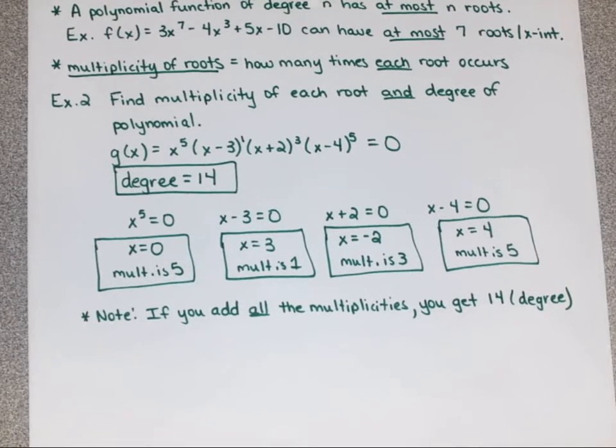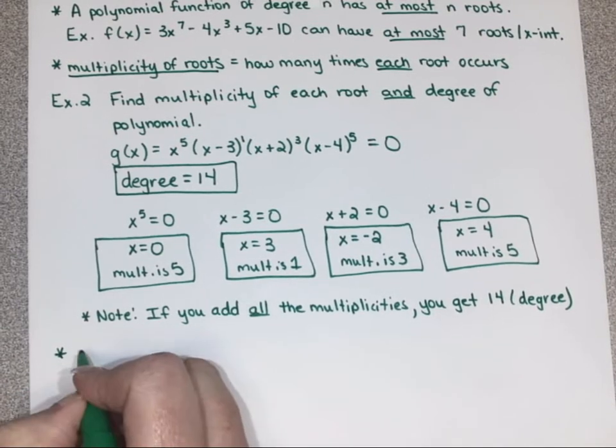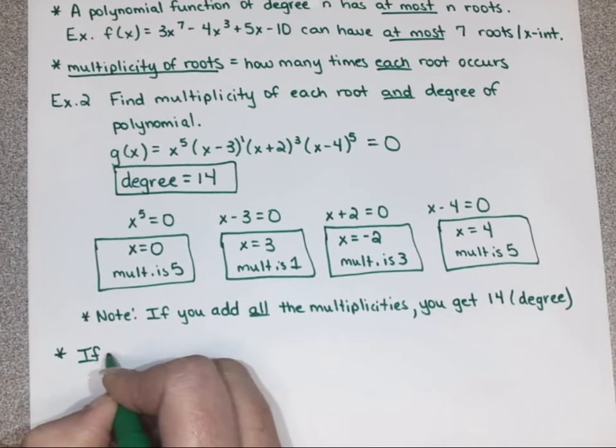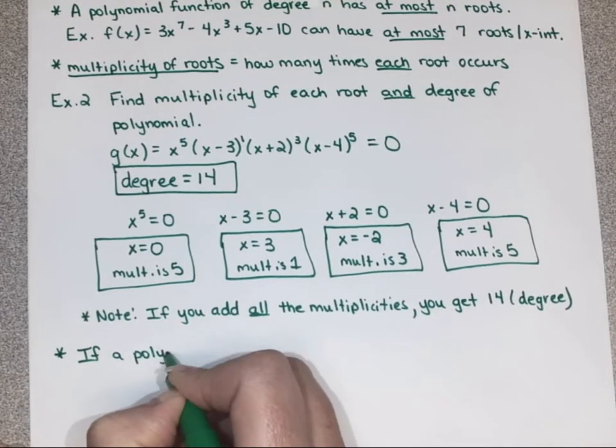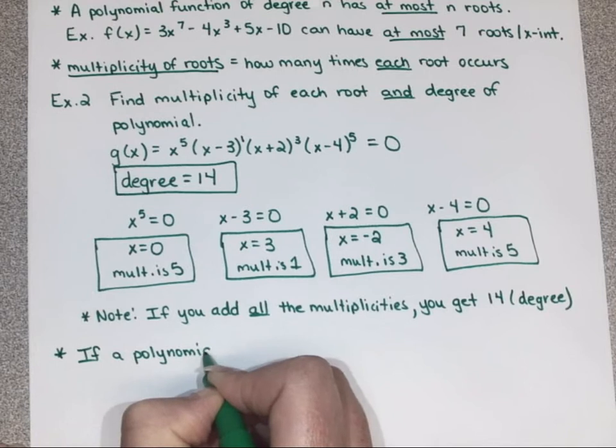Okay, so multiplicity not only accounts for every root that we need, multiplicity also tells us something else about the x-intercept. So I'm putting a star by this. I want you to commit it to memory and know it.